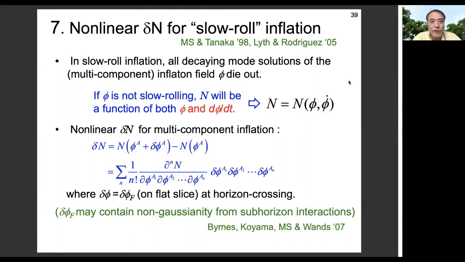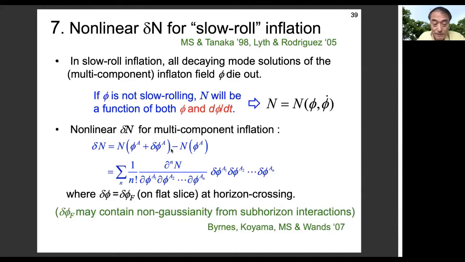I'm going to talk on some nonlinear delta N. Essentially it's about some examples, to show how you compute them. The first example is the case where you have multiple components of scalar field, but all are essentially slow rolling, so that the number of e-folds will be just a function of the field configuration.